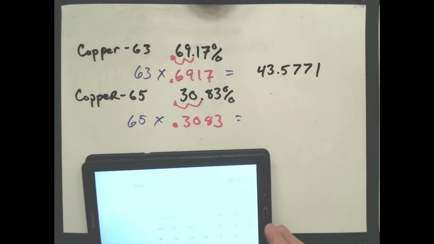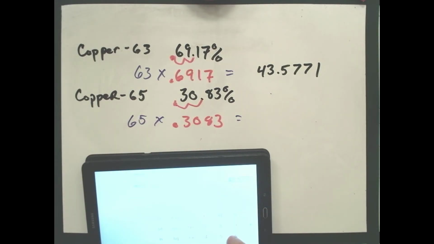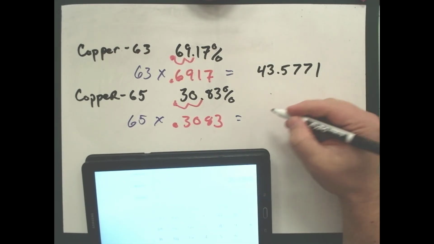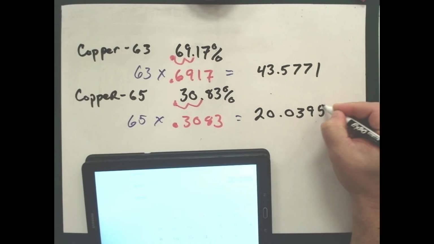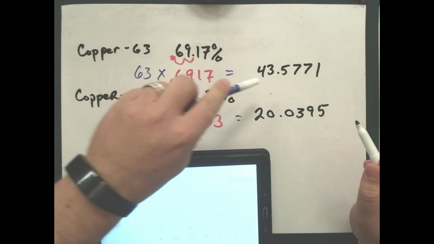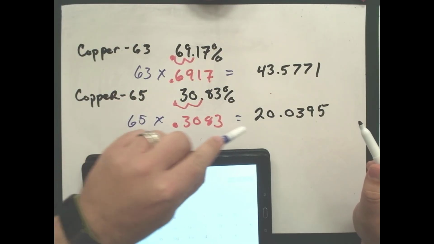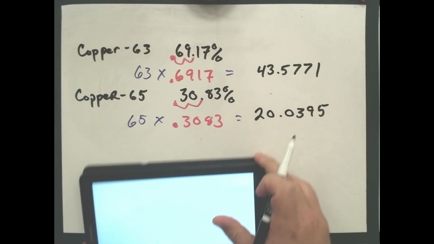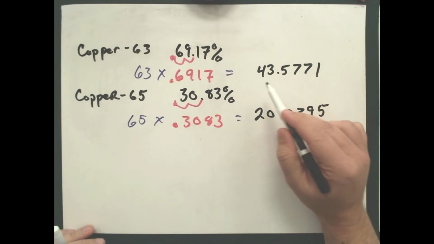So then I'm going to do the same thing here. Now I'm going to do 65 times 0.3083, and that gives me an answer of 20.0395. So I took my mass, multiplied it times the abundance, and got an answer. I took my mass, multiplied it by my abundance, and got an answer. Now the last step, or step 3 on your notes, said to add these together.